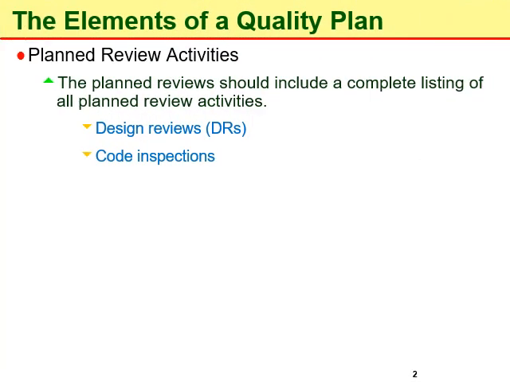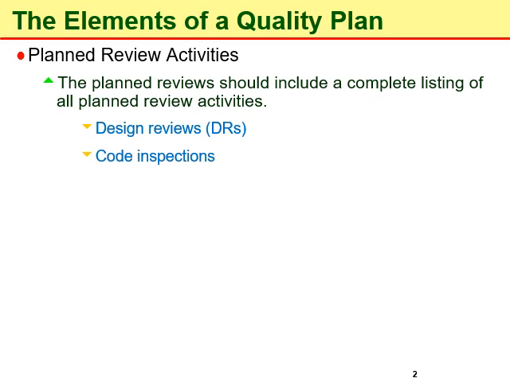So the second element that we will discuss here is planned review activities. The planned reviews should include a complete list of the review activities that are to be conducted during the development of the project.